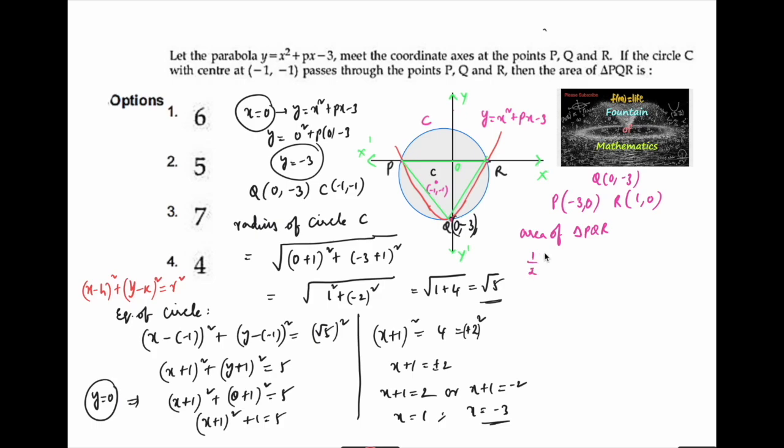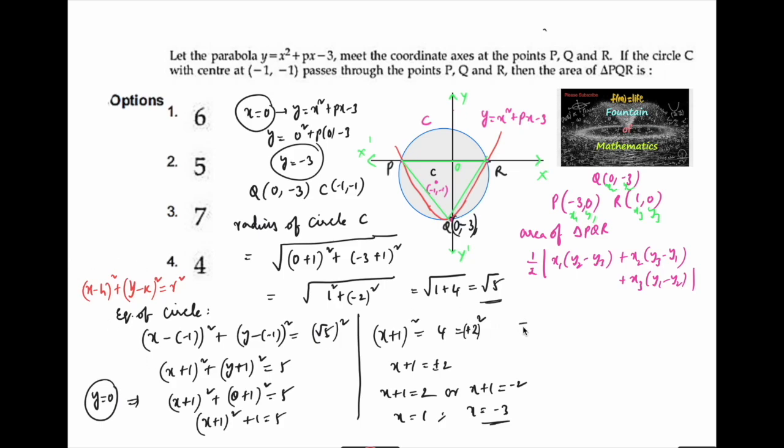So we have the formula half mod of x1 of y2 minus y3 plus x2 of y3 minus y1 plus x3 of y1 minus y2. So here we can consider x1 y1, x2 y2 and x3 y3.